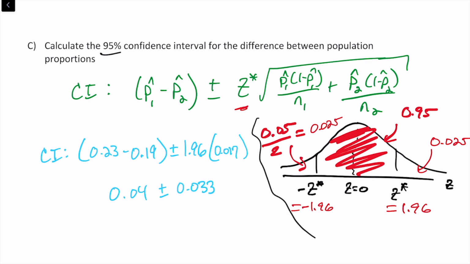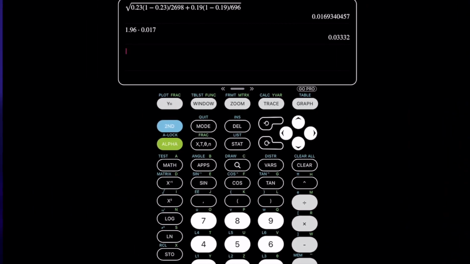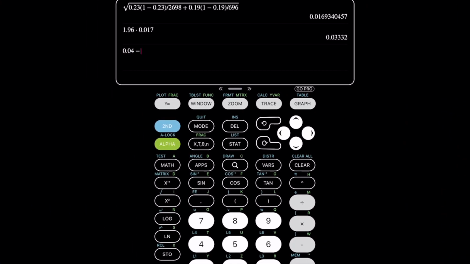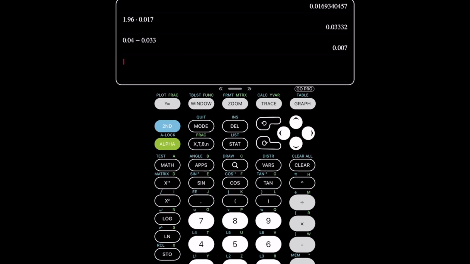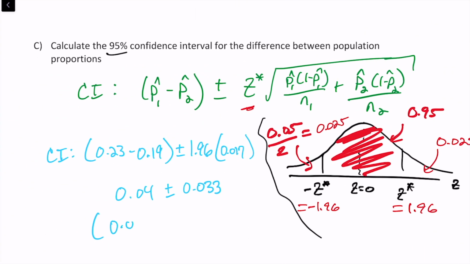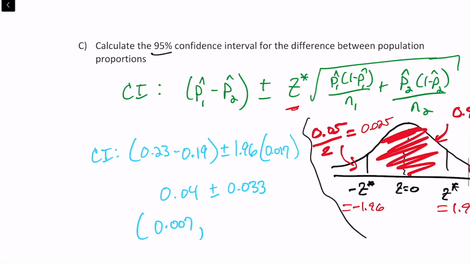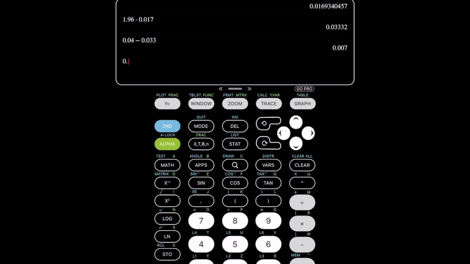And then next we add and subtract. Let's subtract first. So we take 0.04 minus 0.033. That's 0.007. And if we add them, 0.04 plus 0.033, we should get 0.073.